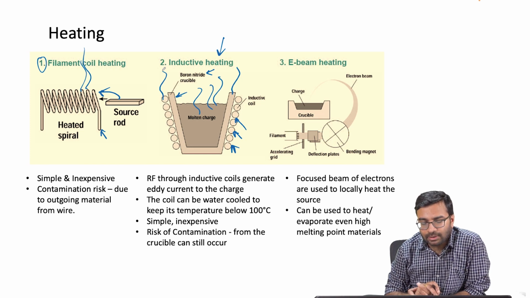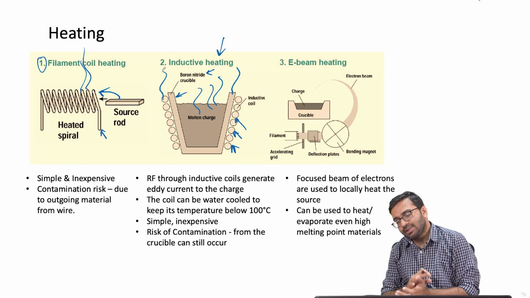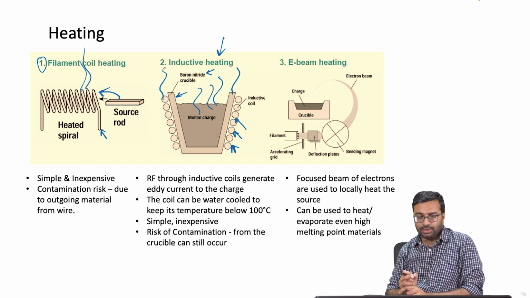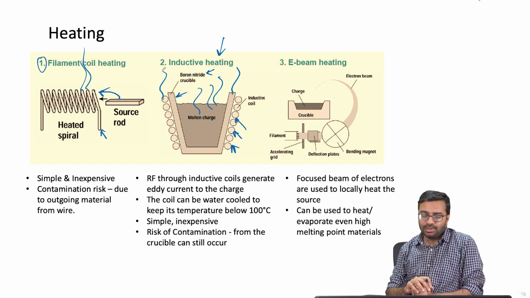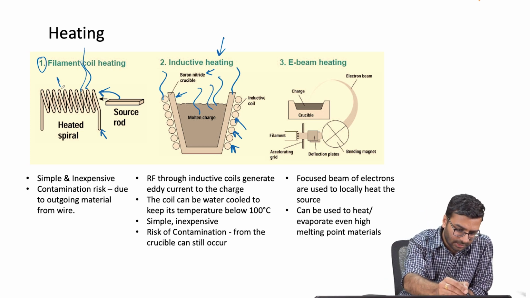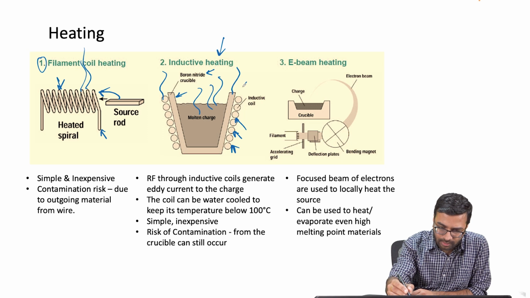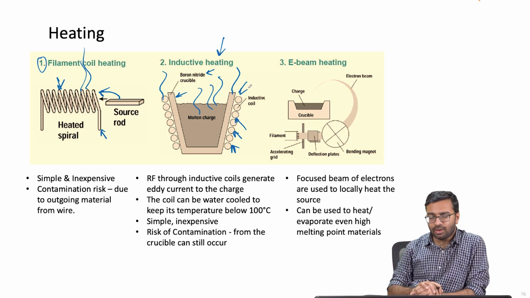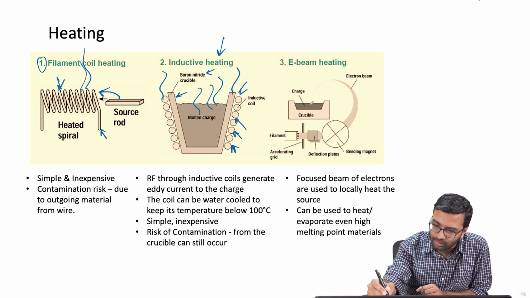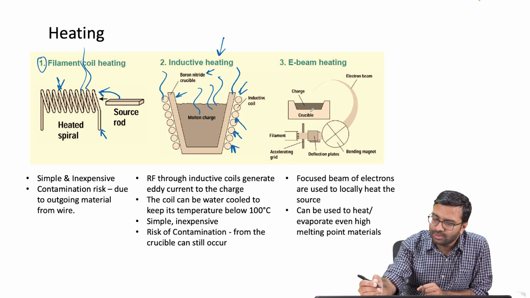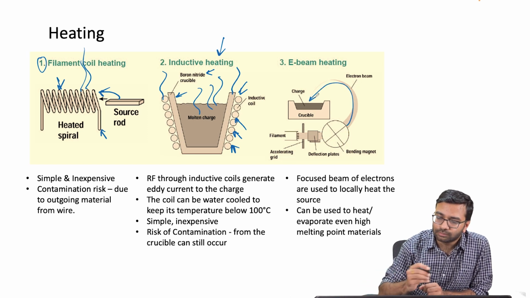To overcome that, I won't say it's to overcome that, that's a separate process altogether. There is a process where, other than using heat from inductive or resistive coil, one can also focus heat on top of the source material only using a focused beam of electron.